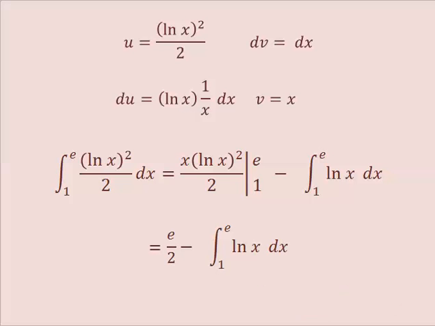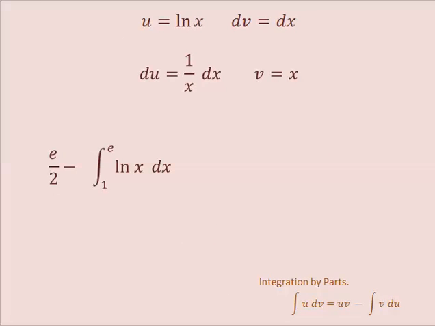All right, now we've evaluated the first piece, and now we have one more integral. Now this integral does require another integration by parts, and so let's go ahead and do it. Have u be ln of x and dv be dx. Then du is 1 over x dx and v is x.